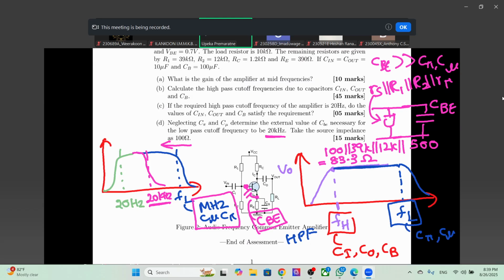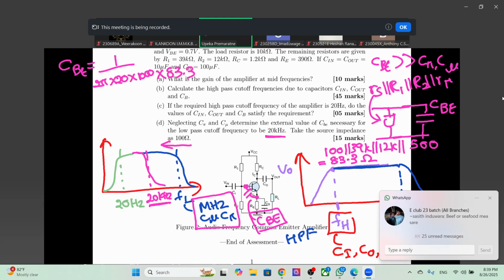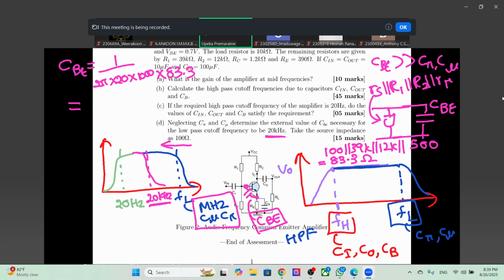Now the needed capacitance CBE is going to equal 1 over 2 pi times the cutoff frequency, which is 20 kilohertz, times the relaxation loop resistance, which is 83.3 ohms. Now we can find the value. So let's calculate the value.